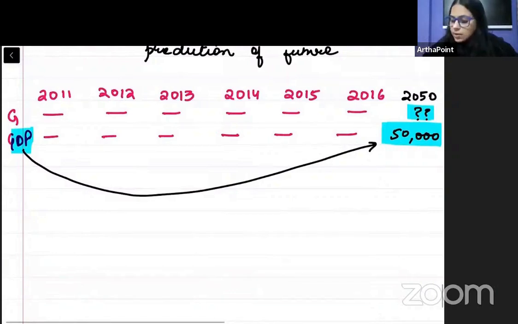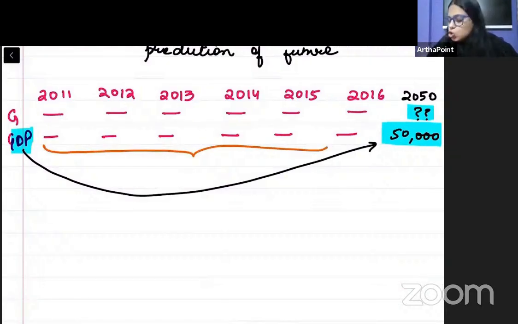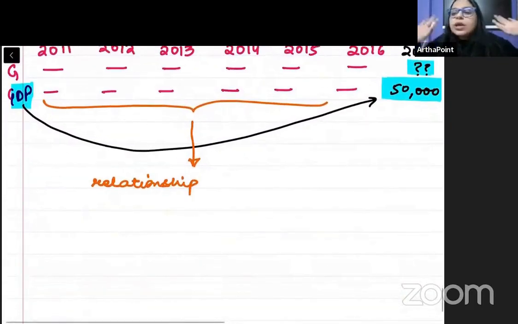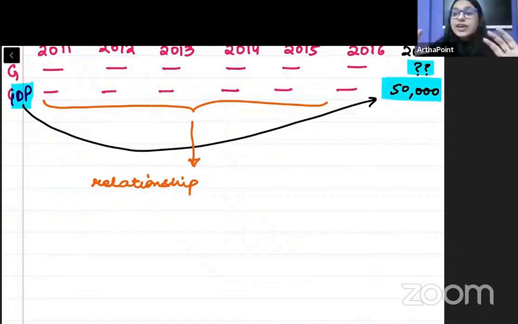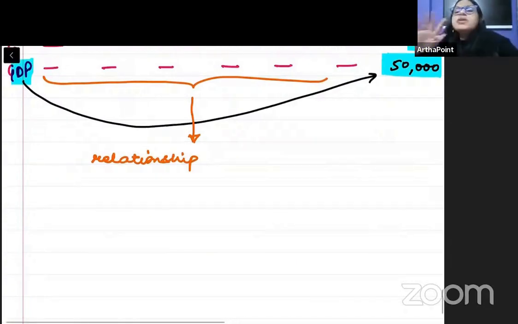What will you do? Based on today's data, you will form some relationship. Based on the current data, you can form some relationship. How? I will teach you. How you will form the regression is a later thing. First, try to understand why we want to do it.